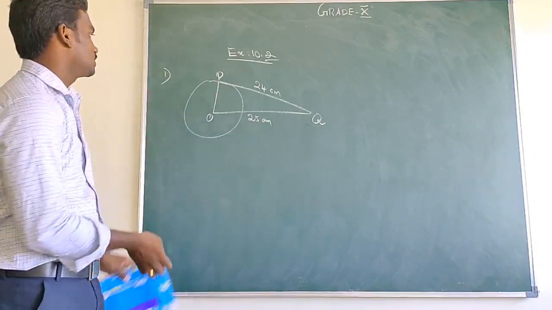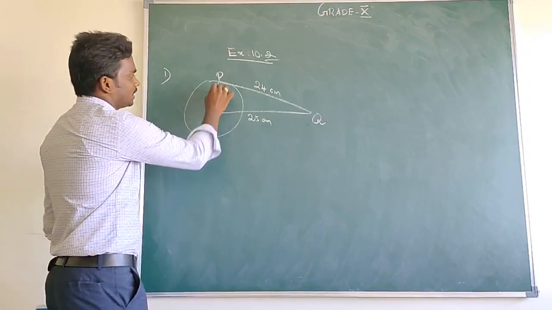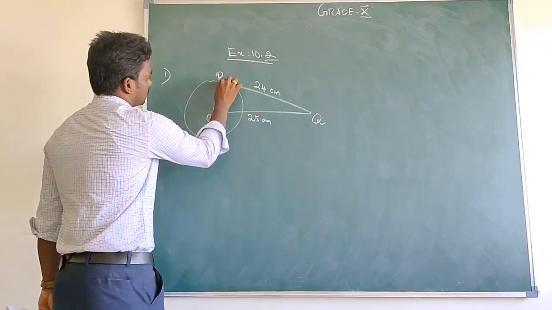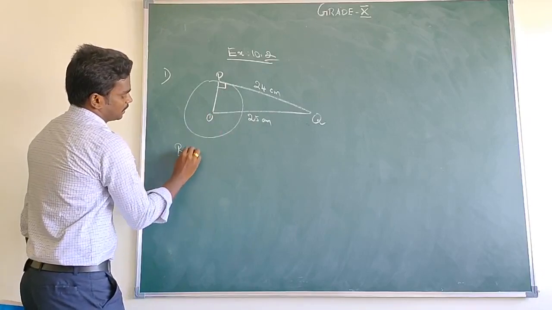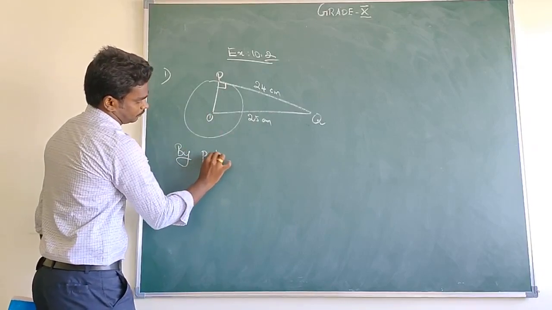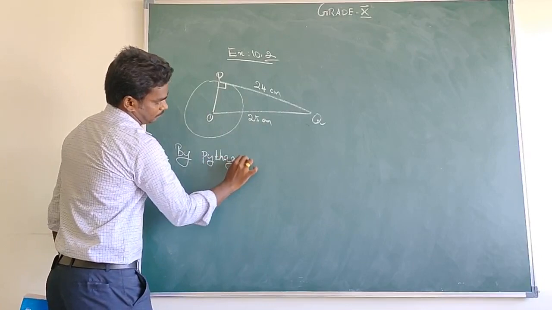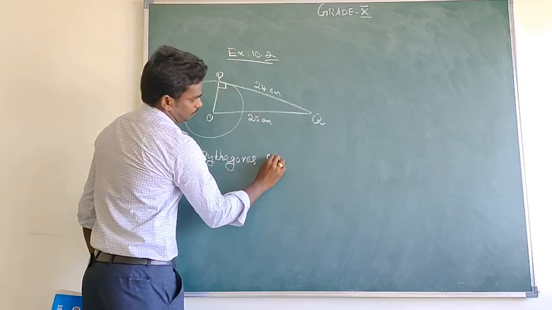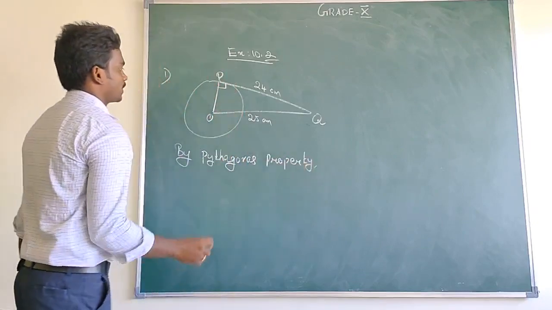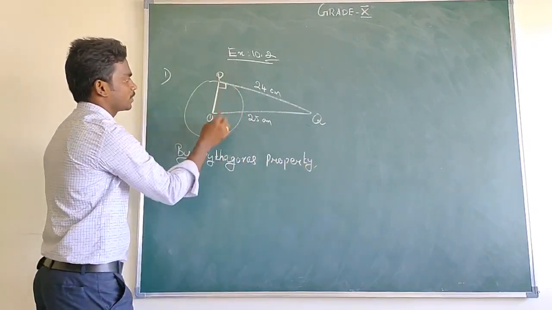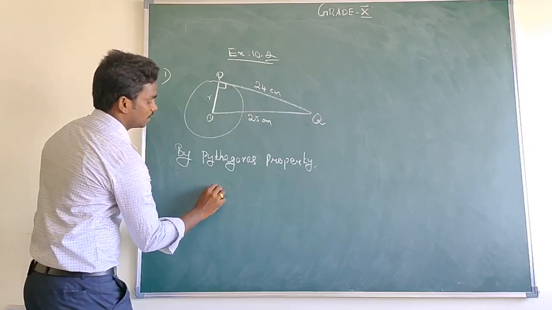So how to find this? You know the radius and the tangent are perpendicular to each other. So in the right angle triangle, by using the Pythagoras property, you want to find OP square, where OP is the radius of the circle.